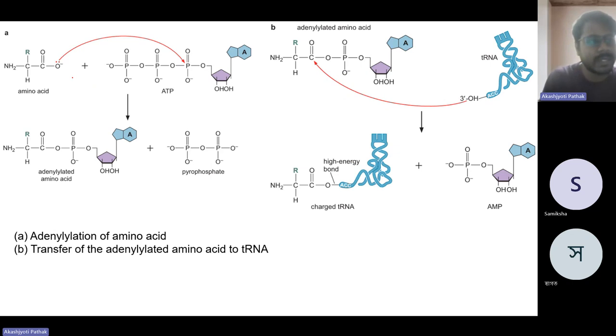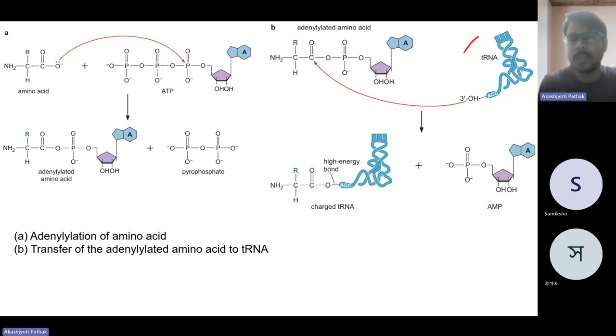So you have the amino acid. There is an amino group, a carboxyl group, a proton, and an R group. This is the amino acid, and it has to be attached to your tRNA molecule.